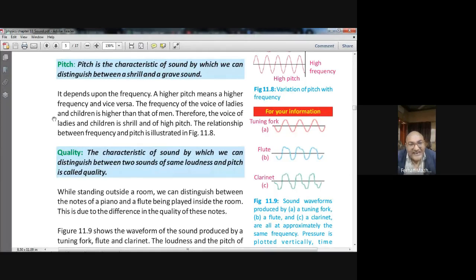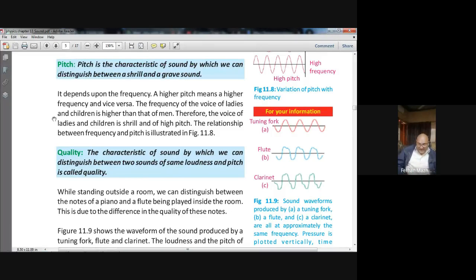And if I say a sound has high pitch, it means that the frequency of that sound is high. It means that the sound will be very shrill. So women's sound has high frequency, high pitch, and a larger frequency.